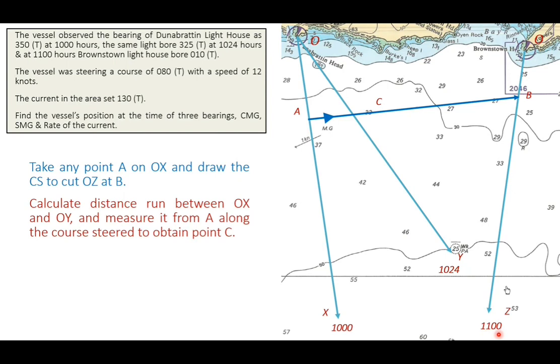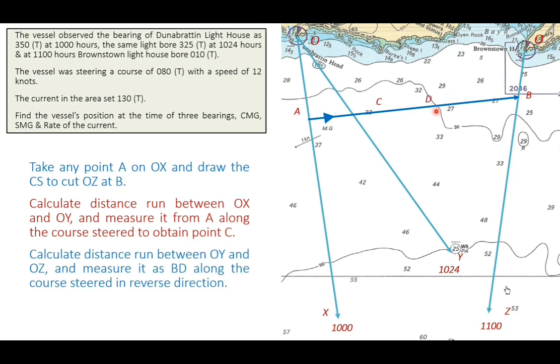I calculate my engine distance for 36 minutes, and now I will mark off this engine distance again on this line AB, now with reference to point B. So I open up my compass equal to the engine distance for 36 minutes, that is 1024 to 1100 hours. I center my compass at point B, and I mark off a point here on line AB. Let's name that point as D. You can see this Delta point here.